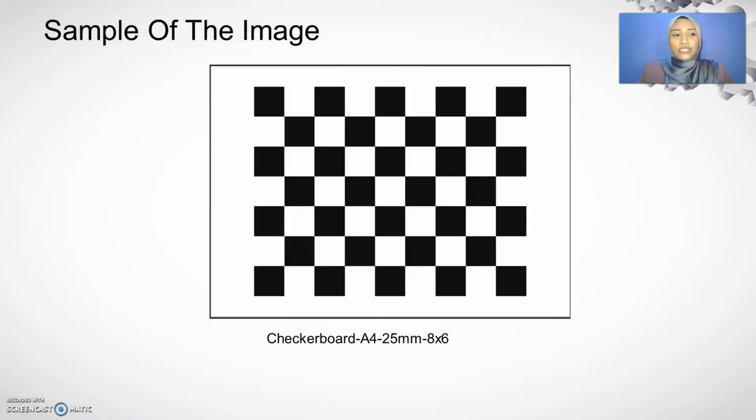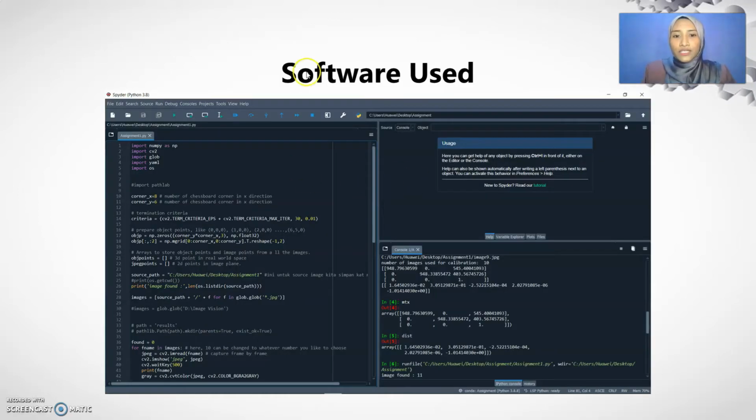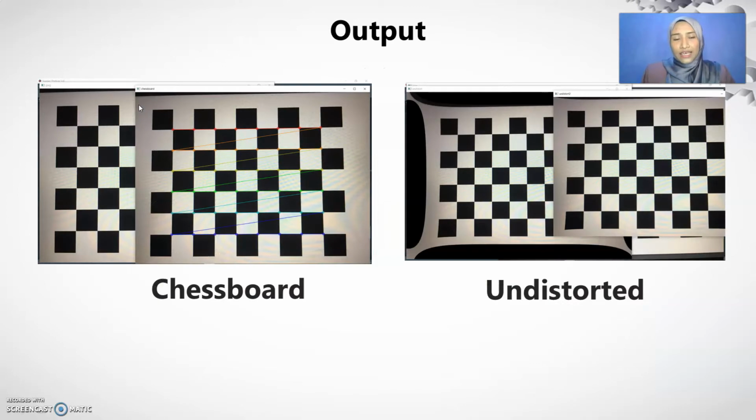Next, this is a sample of the image that we use. We are going to take 10 different images by using 3 different smartphones. This is the software that we use in our task, which is Python 3.8. And then these are some examples of the output that we get from our execution.